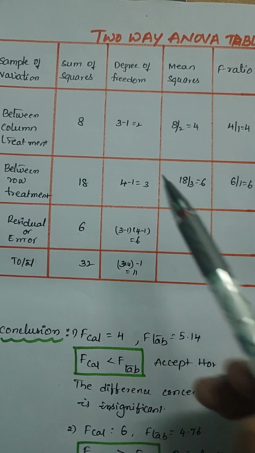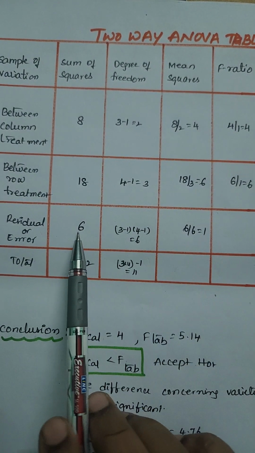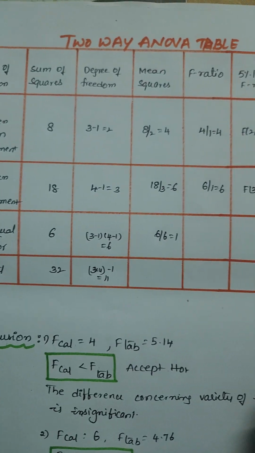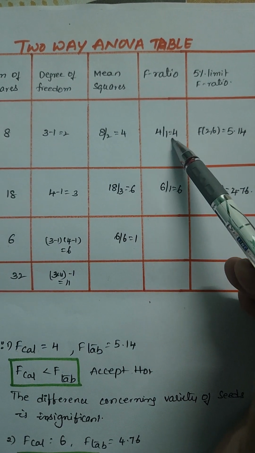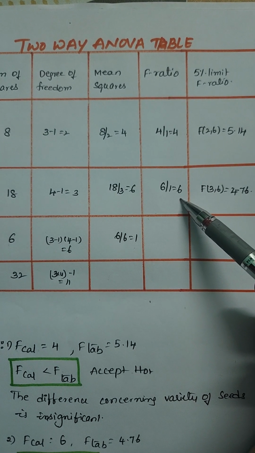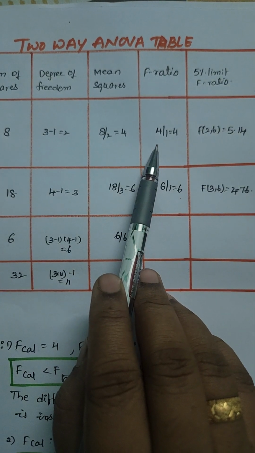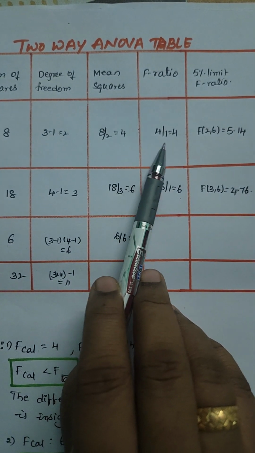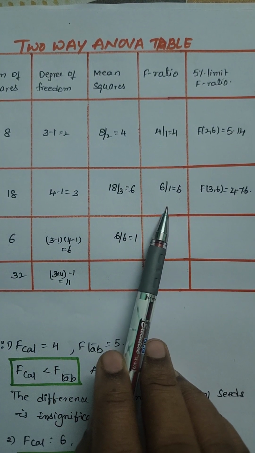Now mean squares: 8 by 2 is 4, 18 by 3 is 6, and 6 by 6 is 1. Now F ratio: 4 by 1 is 4, and 6 by 1 is 6. Between the columns means variety of seeds, and between the rows means variety of fertilizers.